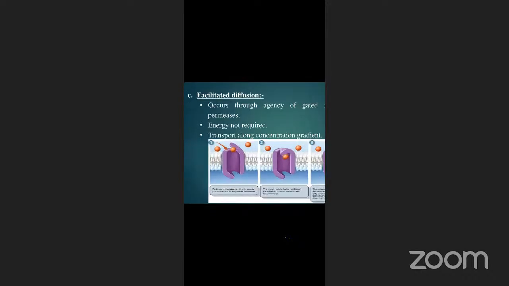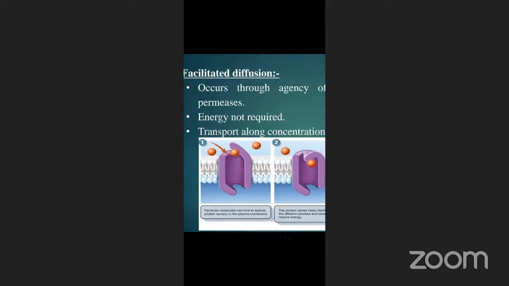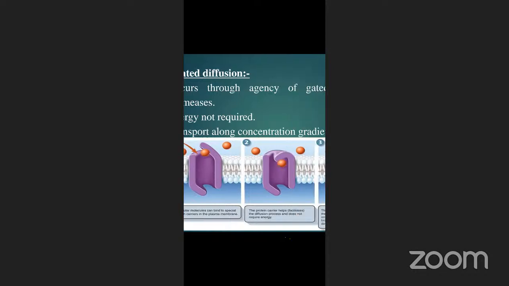So here you can see the particular molecules bind to special carriers, for example glucose. Glucose binds to the glucose transporter, the GLUT proteins. These GLUT proteins will transport the glucose into the cell.